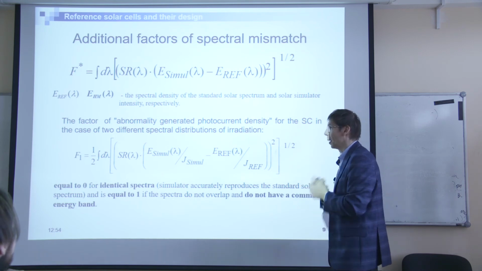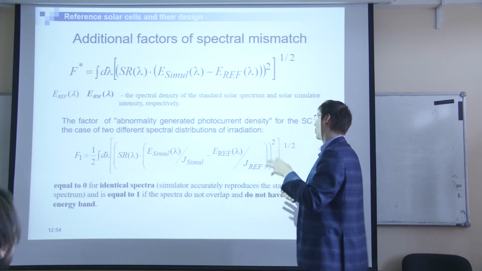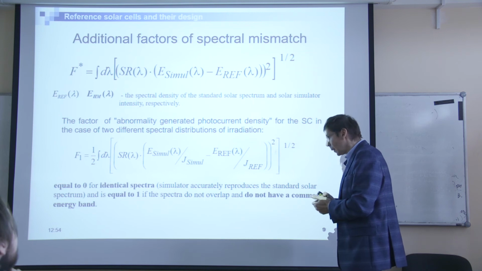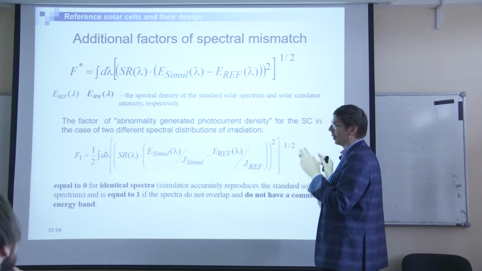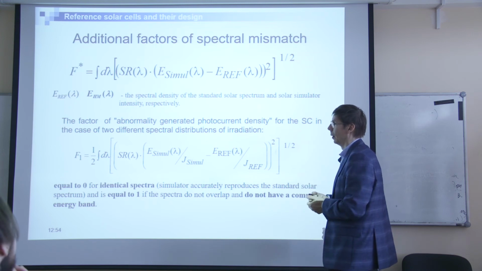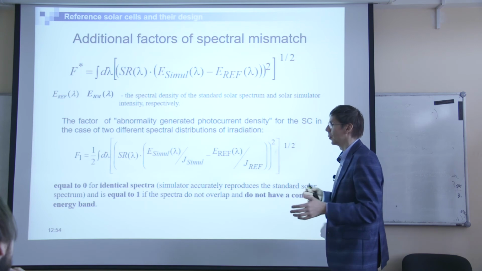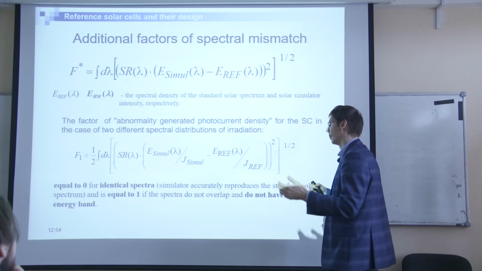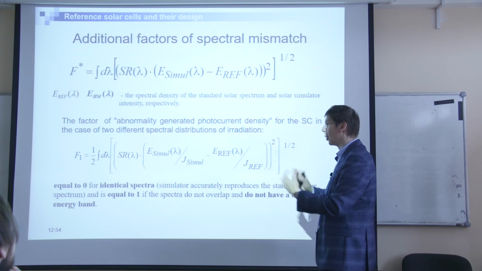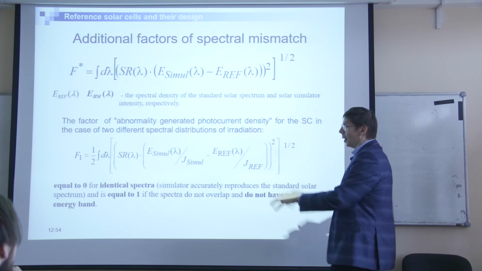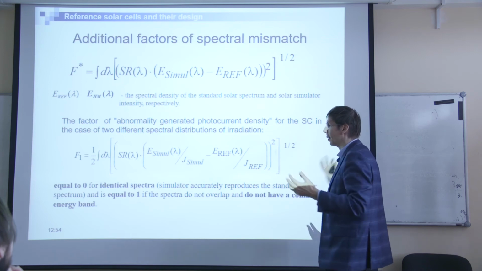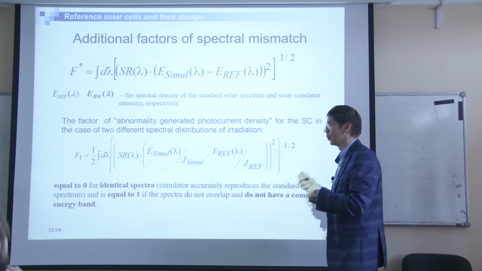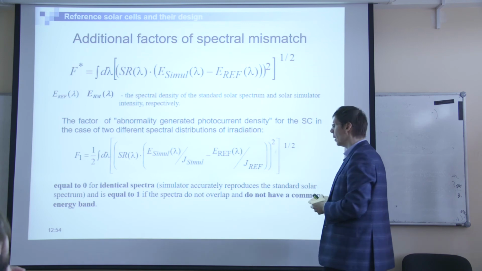For example, again, if I'd like to measure some kind of low band gap material solar cell, for example a germanium solar cell, using a simulator which has quite a narrow range of intensity, only visible light, and my subcell is blind in this range because it was not the reason to optimize, it was just in the infrared spectrum.